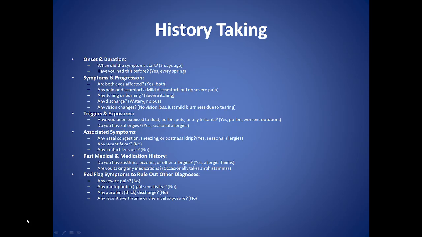About fever and contact lens, we should always ask, which they didn't have any of them. Any past medical history, they had allergic rhinitis, and they are taking antihistamine occasionally.